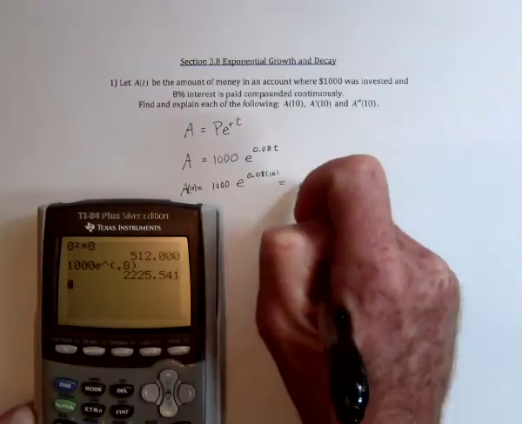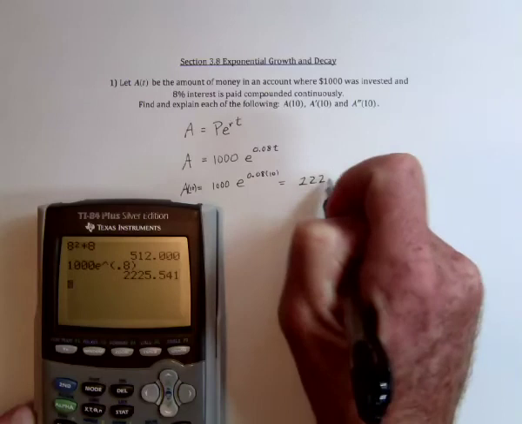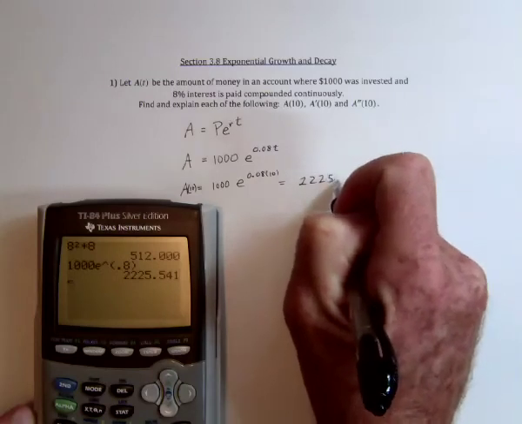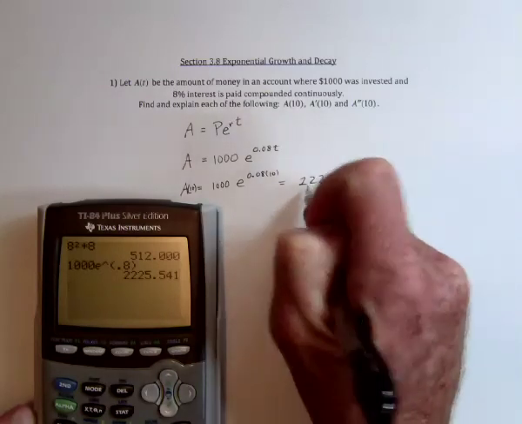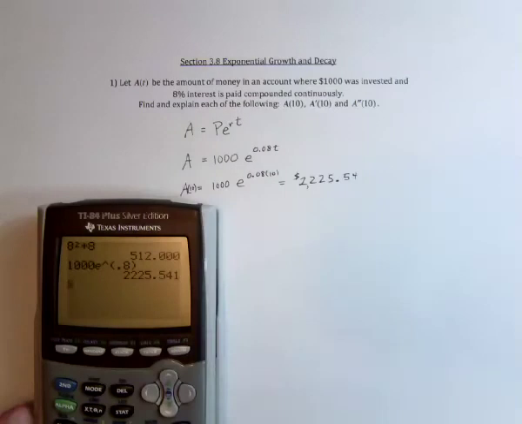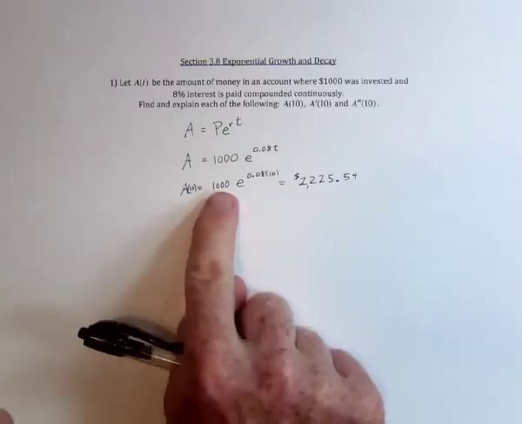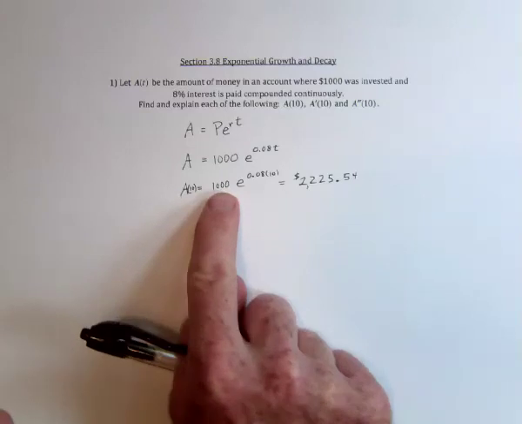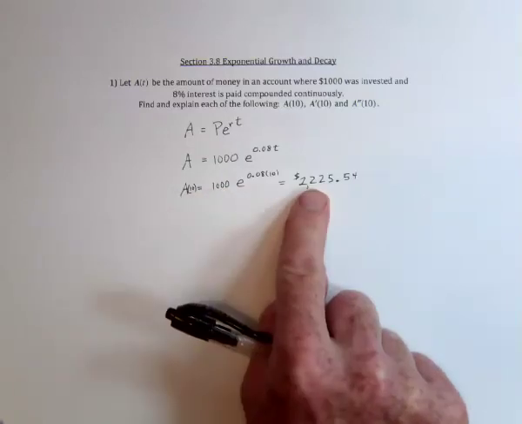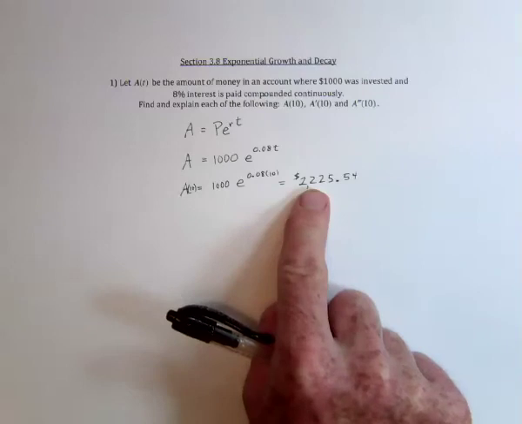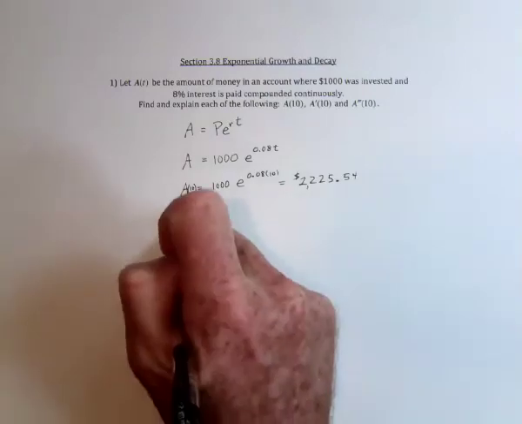So this would be $2,225.54. So in other words, your $1,000 10 years later would be worth $2,225.54.